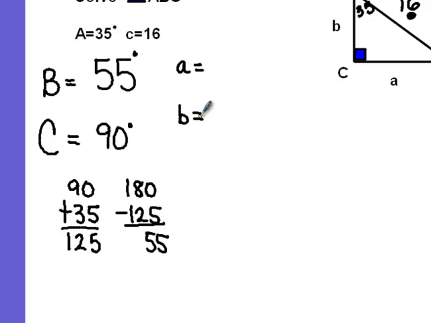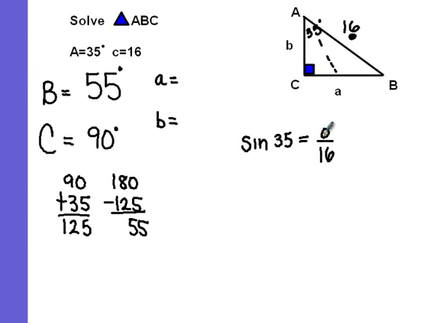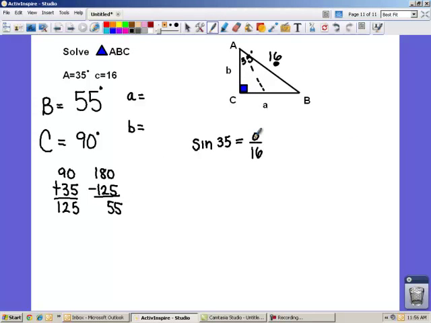So if we start with a, we have a opposite, and we're given the hypotenuse, which is 16. Now, opposite over hypotenuse is sine. So we're going to take the sine of 35 degrees, and we're going to solve for the opposite side, which in this case the letter is O. If you want to put an X there, go ahead. Now, in order to do this one, we can't look at that chart because we don't have a common triangle.